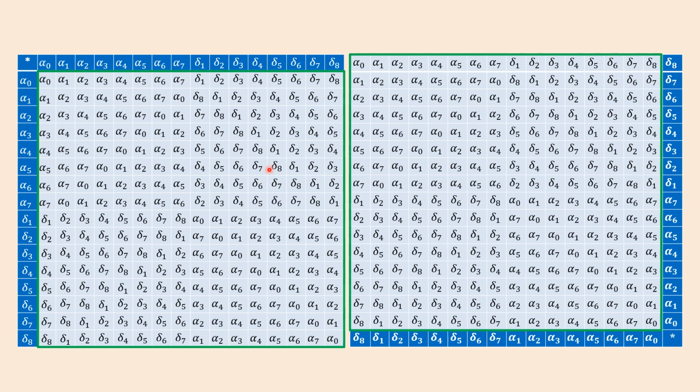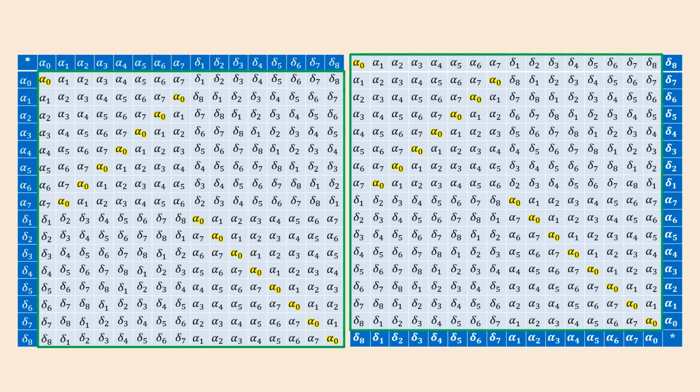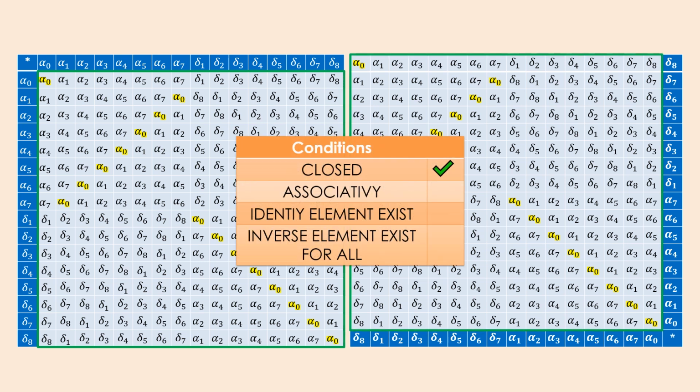Yes. So now the original table is identical to the flipped and interchanged table. Since the flipped and interchanged table matches the original table, therefore it is associative.